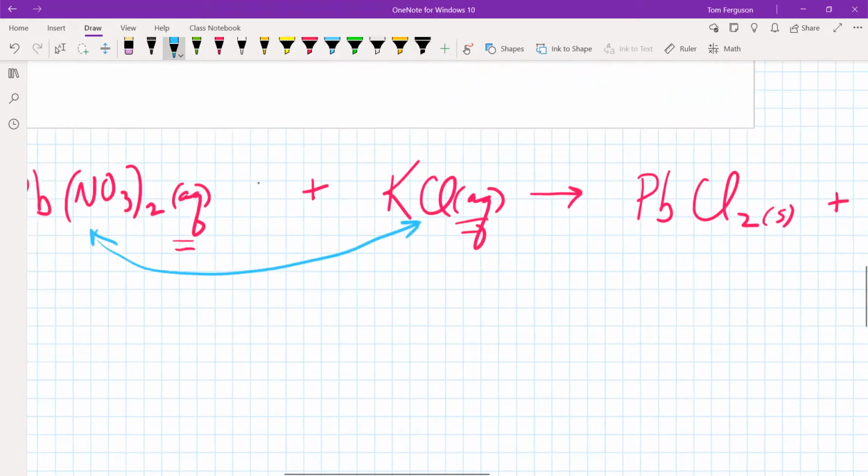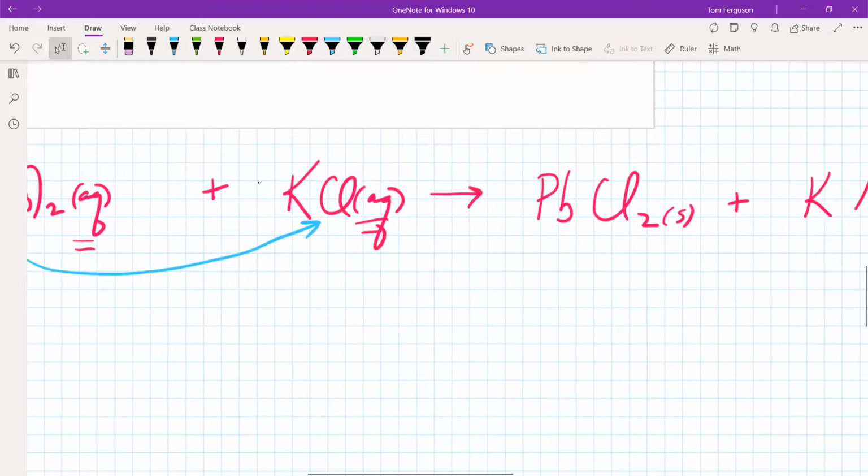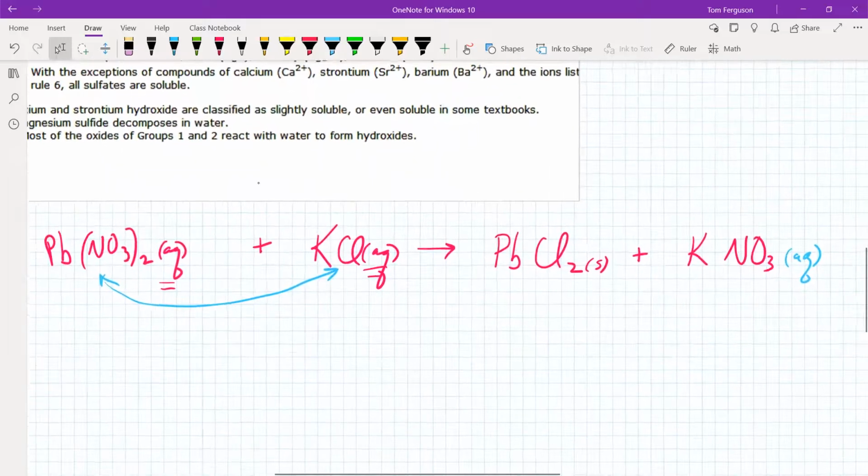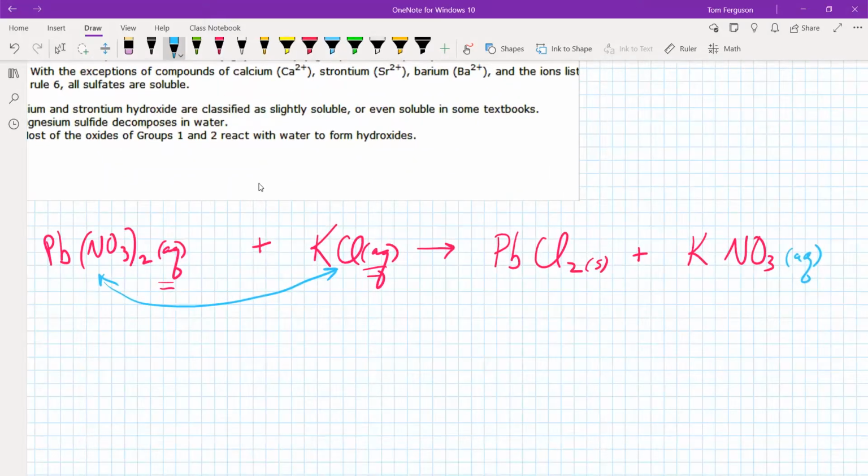Okay. Now, is this balanced? Well, let's look. Okay, so we have one potassium, two chlorides, one chloride. So that gives us two chlorides. That makes the potassium 2, so we put a 2 there.